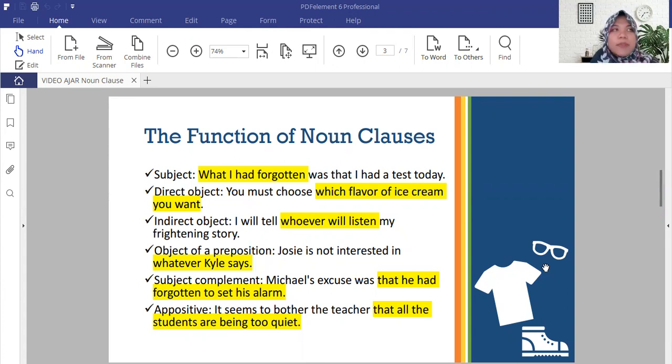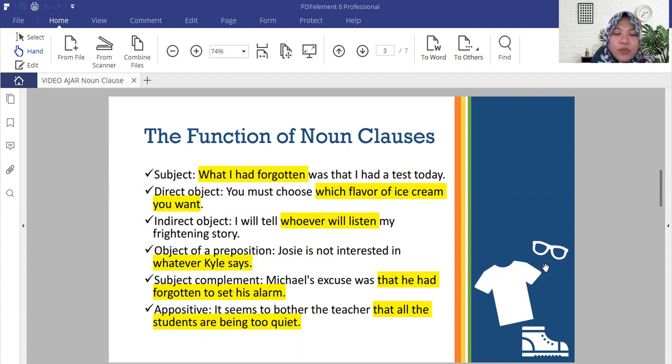Sometimes it is, yes, but most of the time we can have 2 words or more than 2 words, or if it is a noun clause, it can be 3 or 4 or 5. So in this case, we have 4 words for the subject and 6 words for the direct object. So it doesn't matter the number of the words that become object or subject.